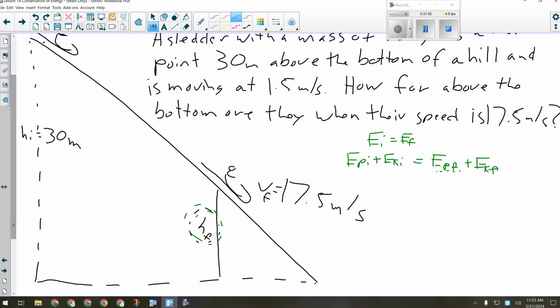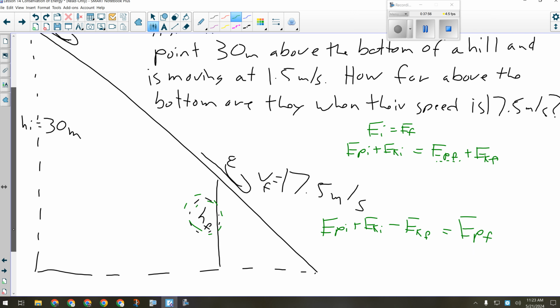All right, so what I'm going to have there then is the initial potential plus the initial kinetic, in other words, the mechanical energy anywhere down that hill, okay, minus the kinetic energy at the point in question. Okay, so if I go mechanical minus kinetic, I should get potential.